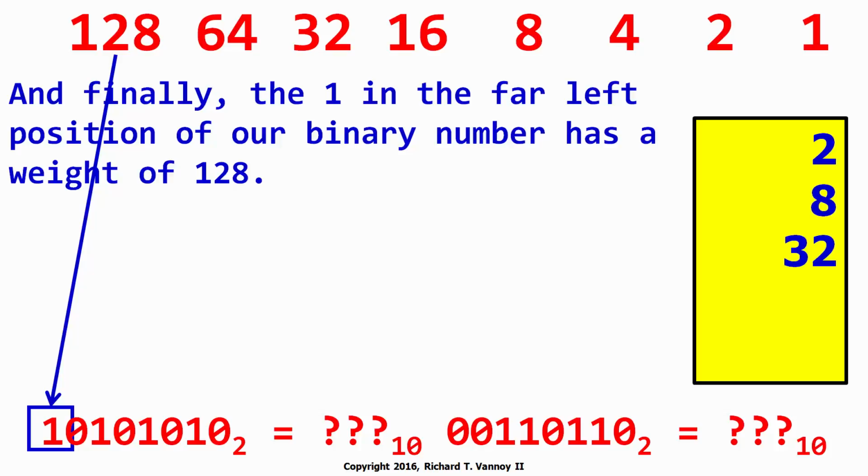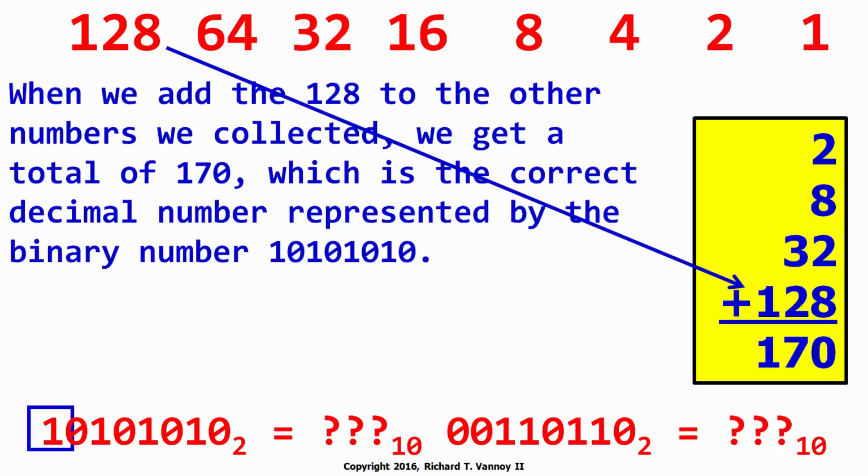And the last 1 in the number, the far left bit, the 8th bit of a binary number, has a column weight of 128. Therefore, we need to add 128 to our number. So when we add 128, we wind up with a grand total of 170.